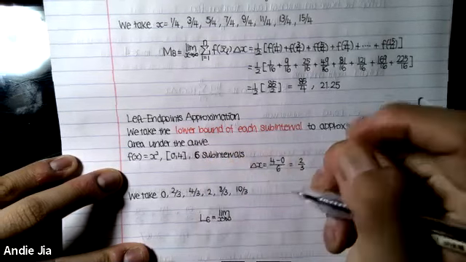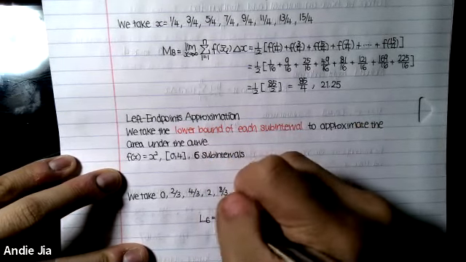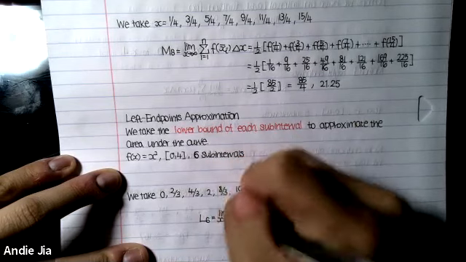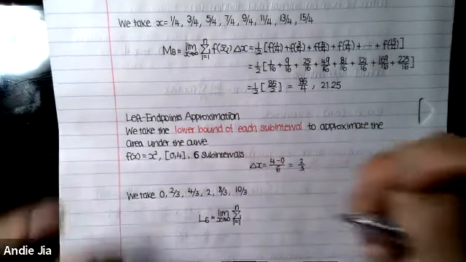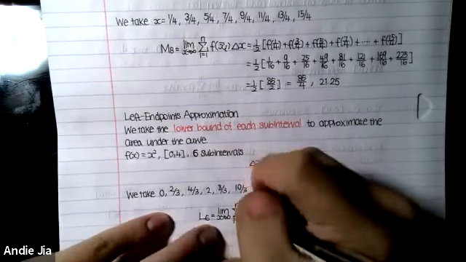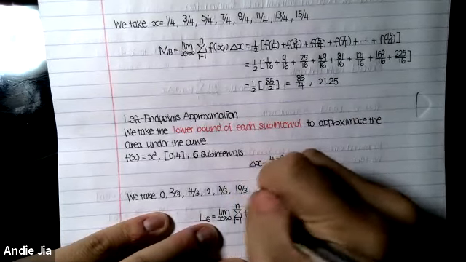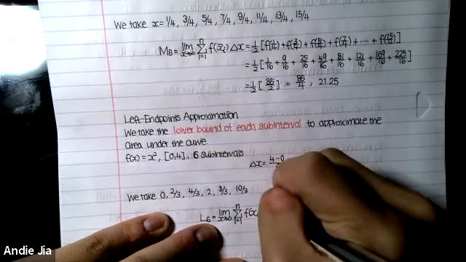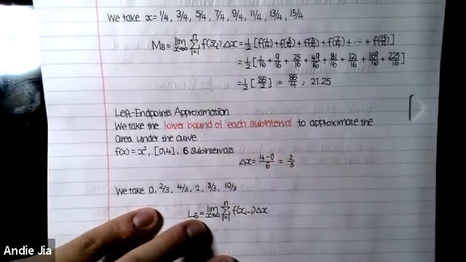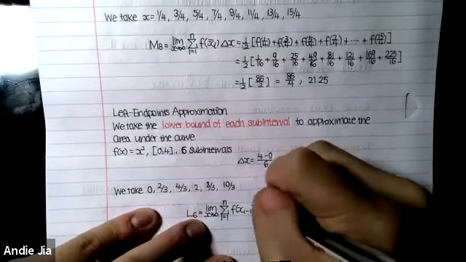As n approaches infinity, sum from i equals 1 of f of x sub i minus 1, times delta x.